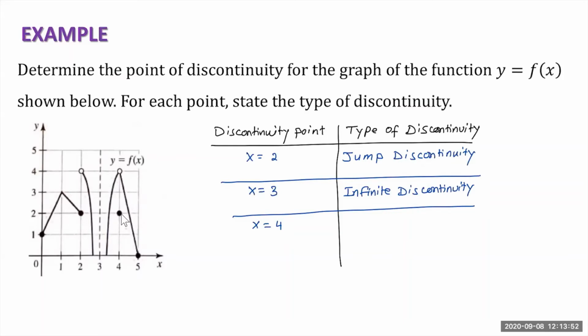That means if we move this dot up here, we can remove that discontinuity. So this type of discontinuity which can be removed is called removable discontinuity.